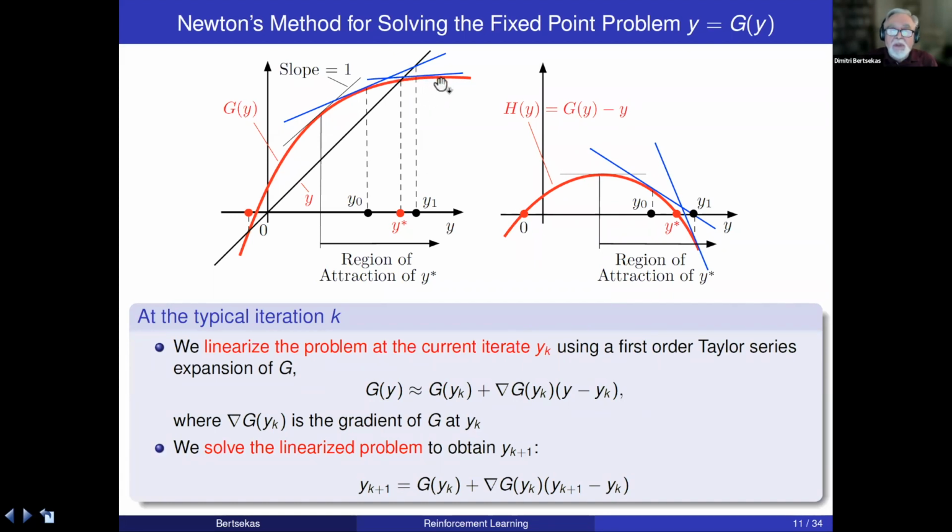This is Newton's method. And you can see that it converges very fast. It has nice properties, particularly when the g function is concave, which it is, fortunately, in our case. Now, you may have seen Newton's method for the case of solving equations. This is an equivalent method. You can convert a fixed point problem into a problem of finding a zero of the function h given by g minus y.